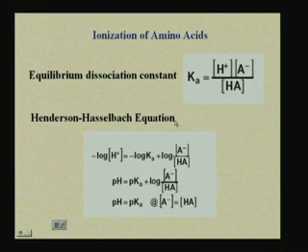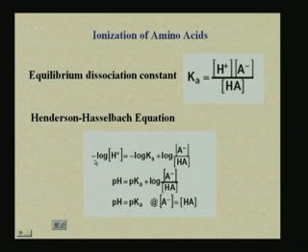Now, you all studied about buffers, where we are looking at what is called the Henderson Hasselbalch equation. What is that equation? You basically rearrange the expression, and we write it in such a manner that we get the H plus on the left hand side, right.